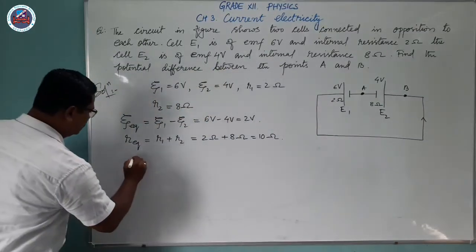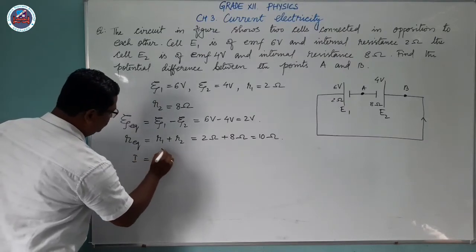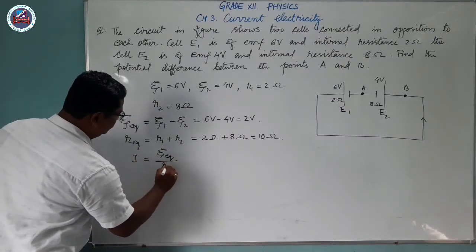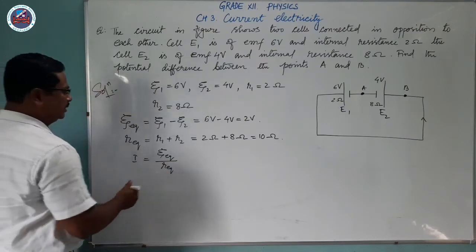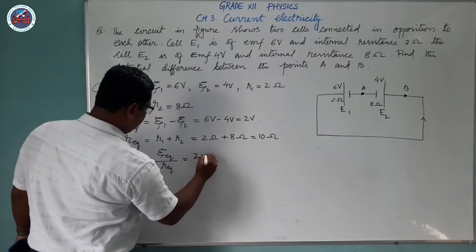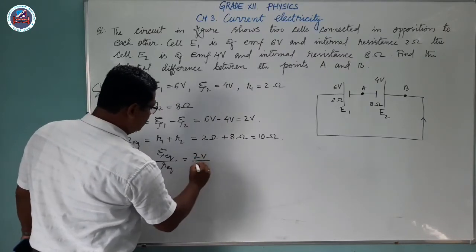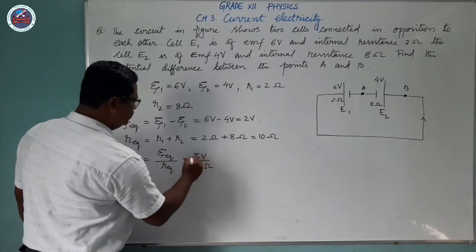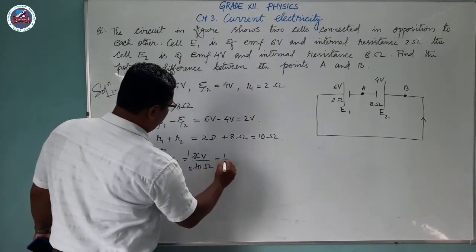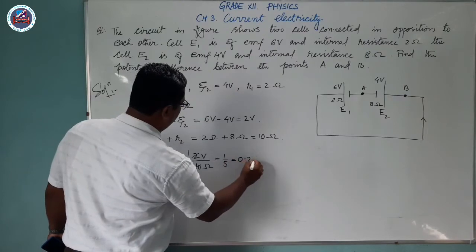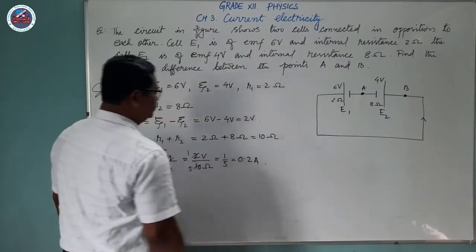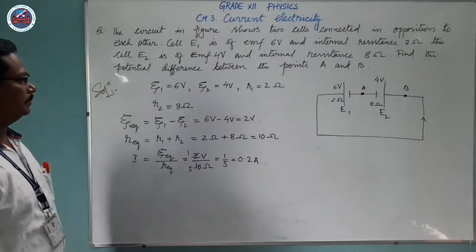To find out the current I, we will do equivalent EMF divided by equivalent internal resistance. Equivalent EMF is 2 volt and equivalent internal resistance is 10 ohm. So you get 1 by 5, that is 0.2. SI unit of electric current is ampere, so you write 0.2 ampere.